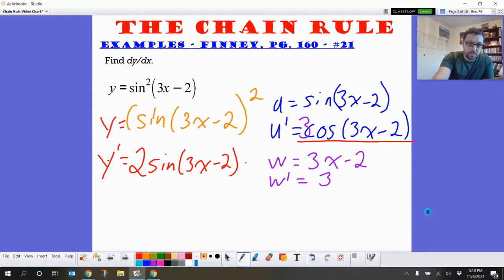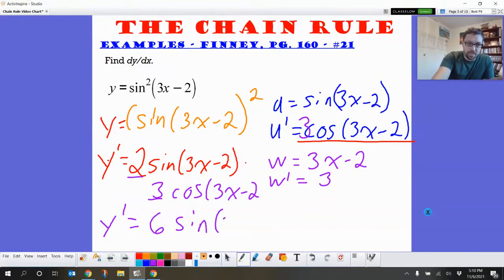So times 3 cosine of 3x minus 2. So y prime, if I wrote it all out in a big long line, we've got 2 times 3, that's 6, sine of 3x minus 2, and cosine of 3x minus 2.